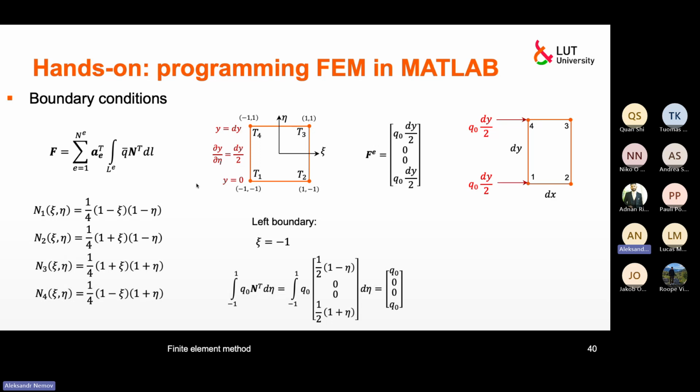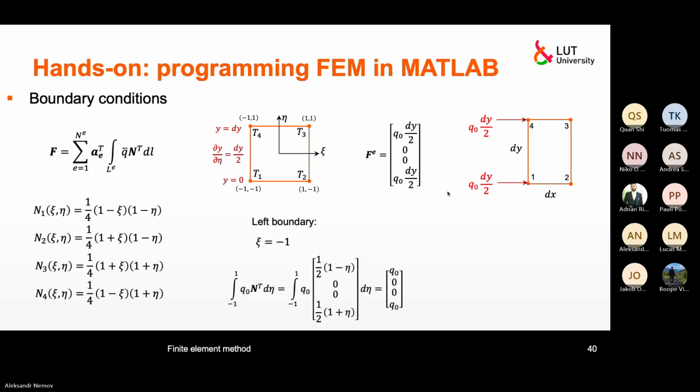These two nodes, T1 and T4, belong to this boundary, and we need to apply something there. This is a left boundary, which means that the psi coordinate is equal to -1 for both nodes. Nodes with psi equal to +1 we don't consider in this boundary condition.